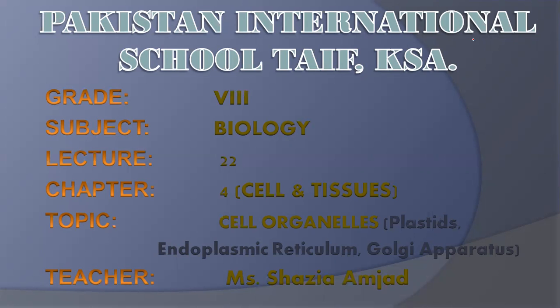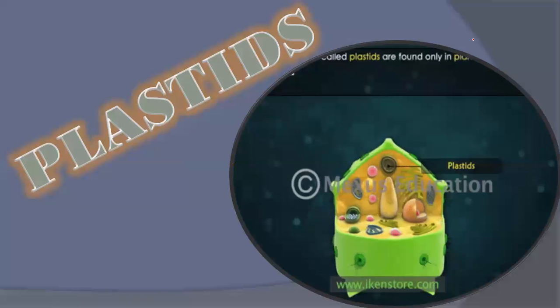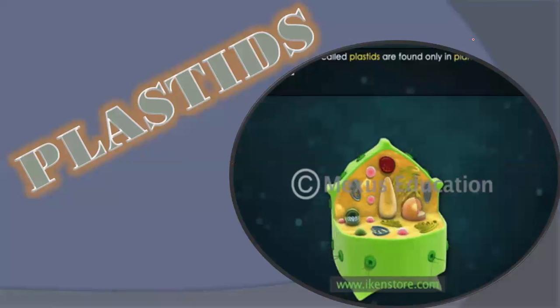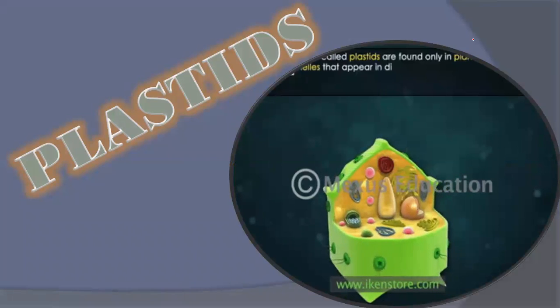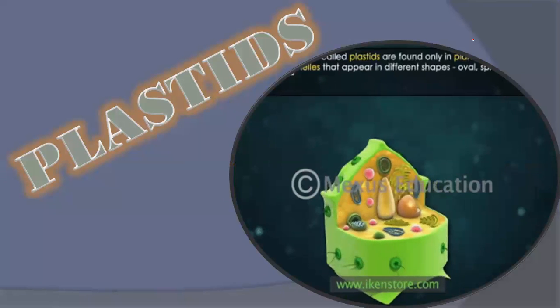Now we are going to see some more cell organelles, which are plastids, endoplasmic reticulum and Golgi apparatus. These are some small organs of the cells which perform a very specific role in the cells. So let's get started. Today's topic will start with the structure and function of plastids.